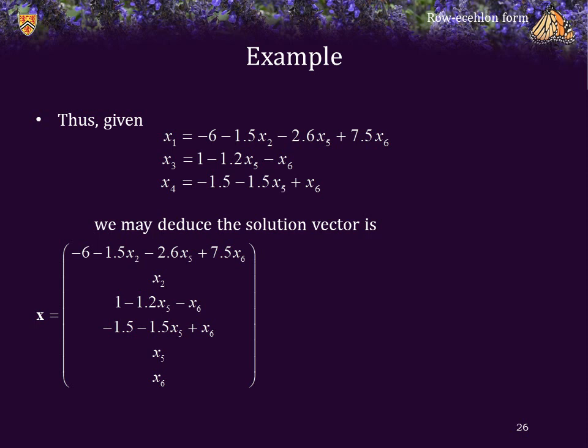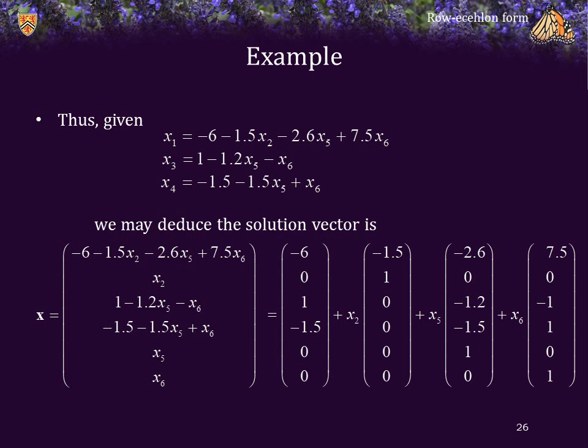Notice also that we can write this solution vector as a constant vector plus all scalar multiples of these three additional vectors. Interesting, you will note that the only vector that has a non-zero entry in index 2 is the vector associated with the free variable x2.